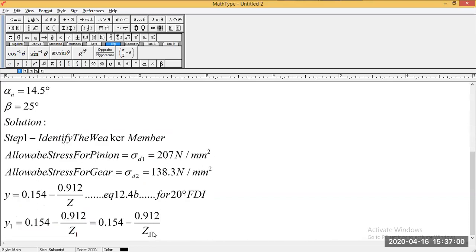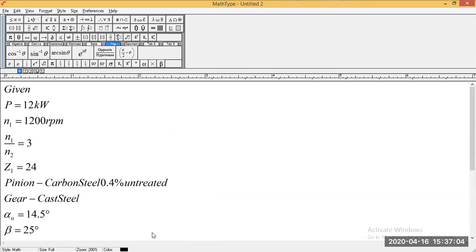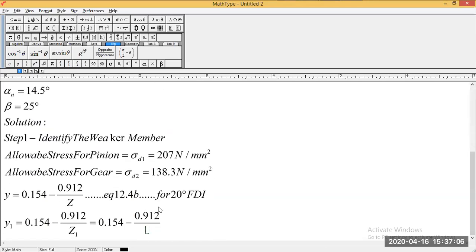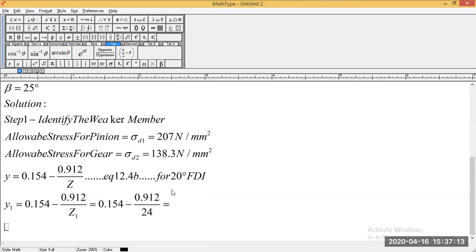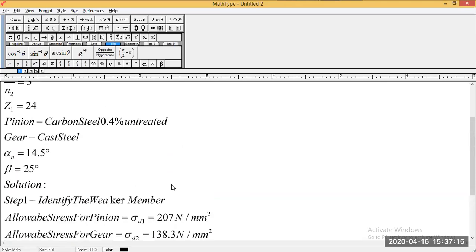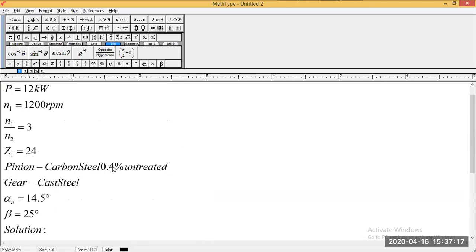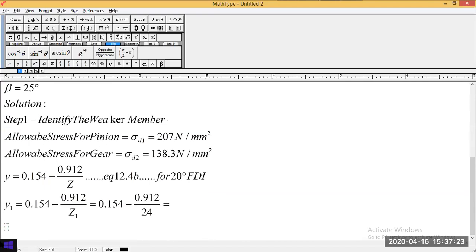We need Z2, right? So we have the velocity ratio. We can use this. So we can use the velocity ratio here.